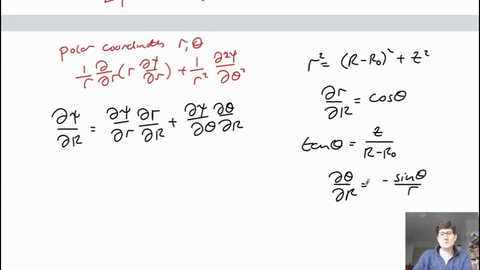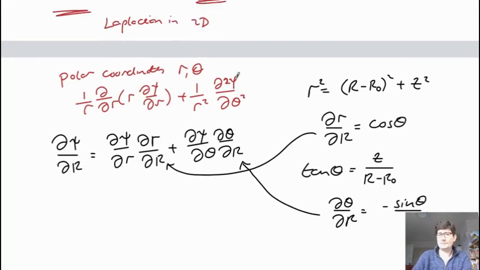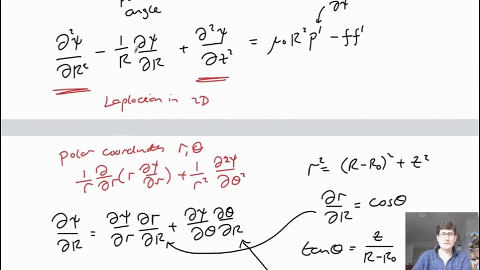And so you substitute this expression into here, this expression into there, and then this gives us an expression for d psi by dR, which then goes into here. And so if you put all this together, we have the polar Laplacian for these two terms.